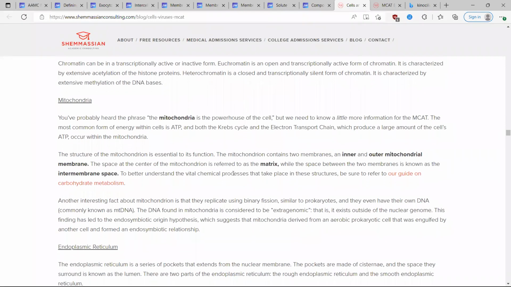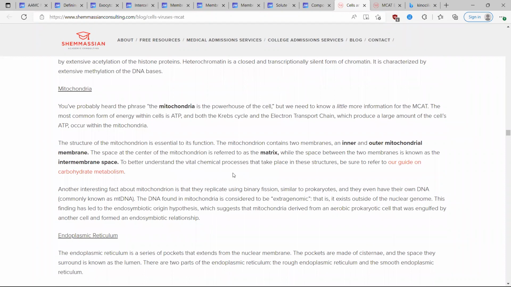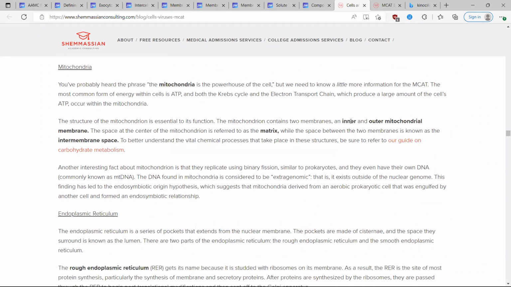Now, mitochondria is also very, very important. Mitochondria is probably the most unique organelle in there. Again, another double membrane, right? Inner and outer mitochondrial membrane. The very inside is the matrix, and the in-between space is the intermembrane space.